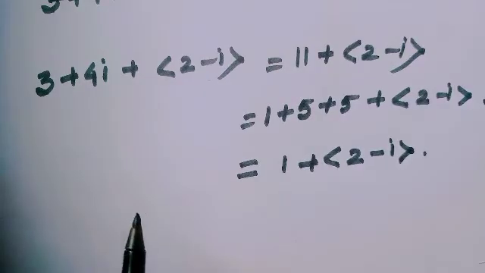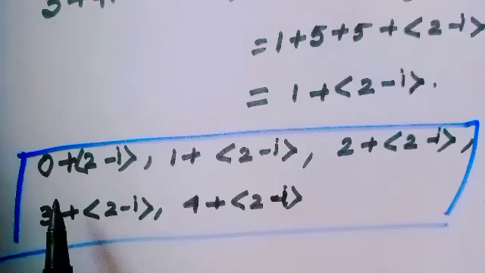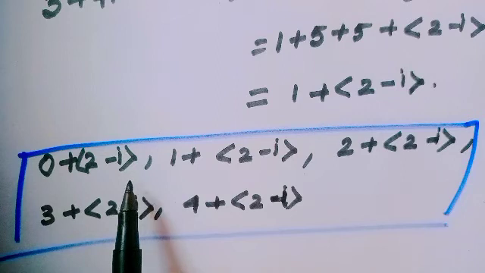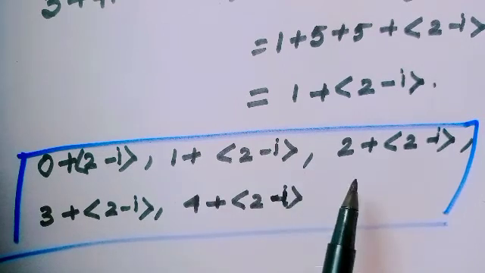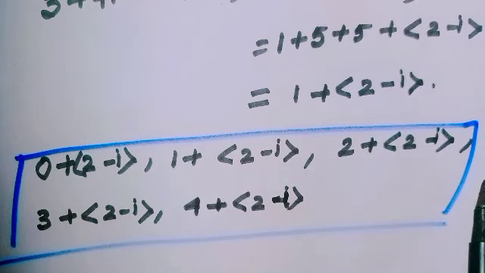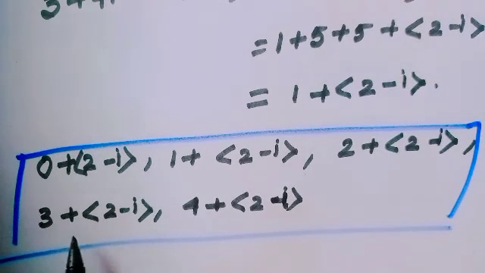Therefore, in this quotient ring, actually the distinct elements are 0 plus the ideal generated by 2 minus i, 1 plus the ideal generated by 2 minus i, 2 plus the ideal generated by 2 minus i, 3 plus the ideal generated by 2 minus i, and 4 plus the ideal generated by 2 minus i.